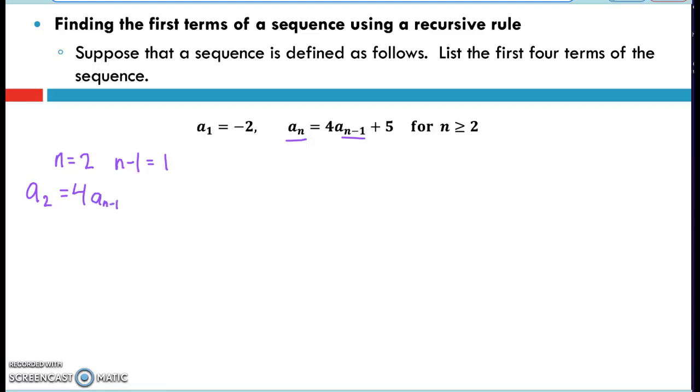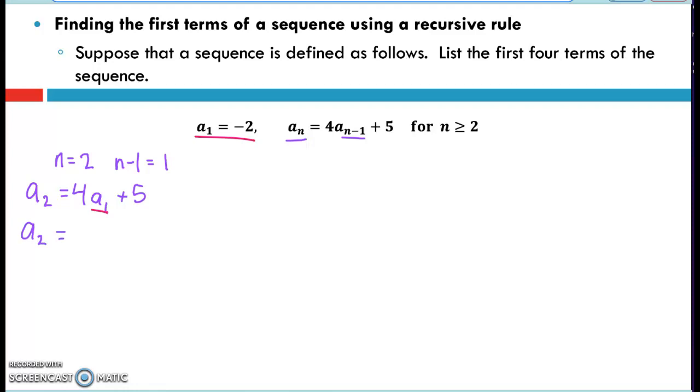But what is a sub n minus 1? n minus 1 is equal to 1, so we have a sub 1 here. But we know what a sub 1 is because we're given that right here: a sub 1 is equal to negative 2. So that's why we are given the first term, and then we can find the next term using that first term with this recursive rule.